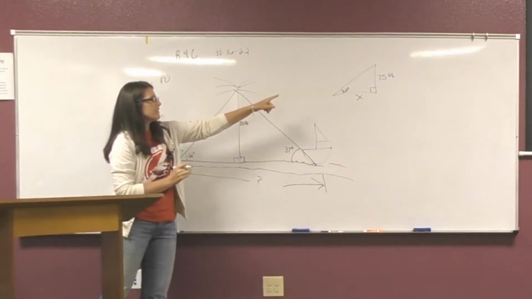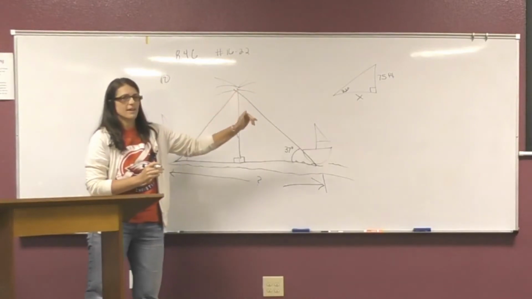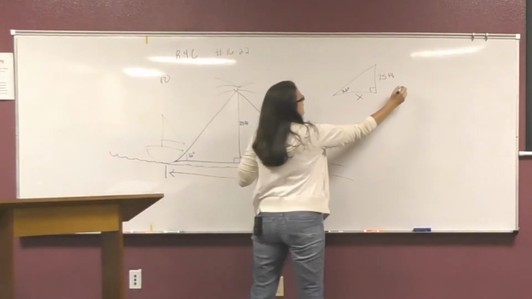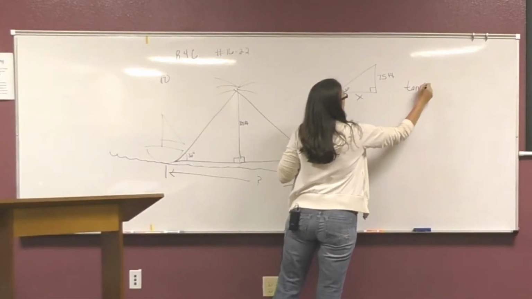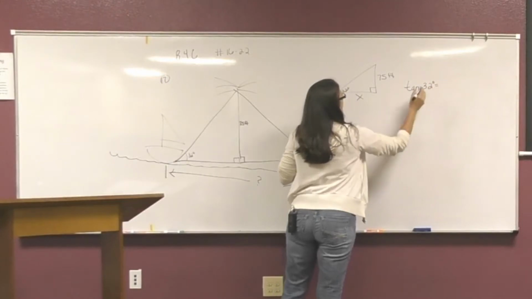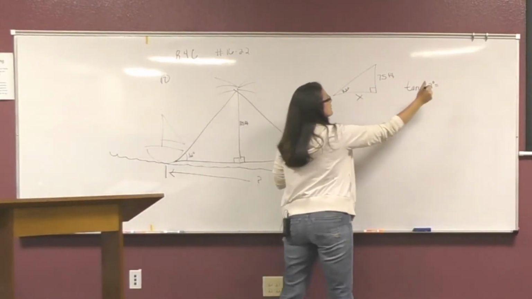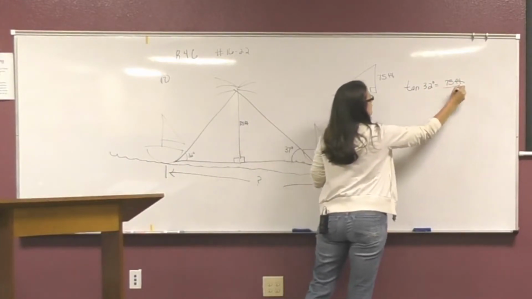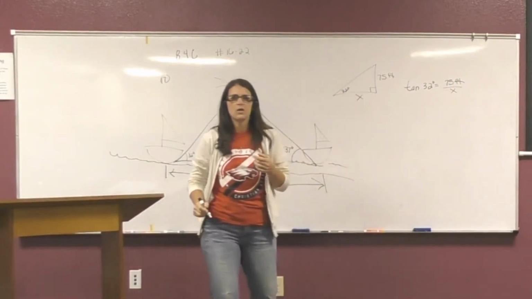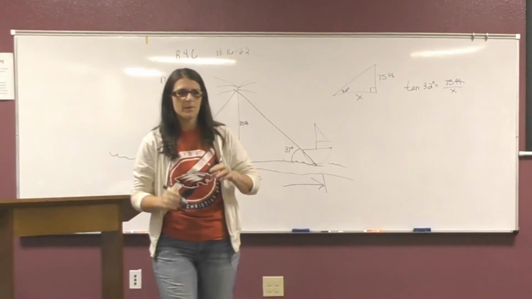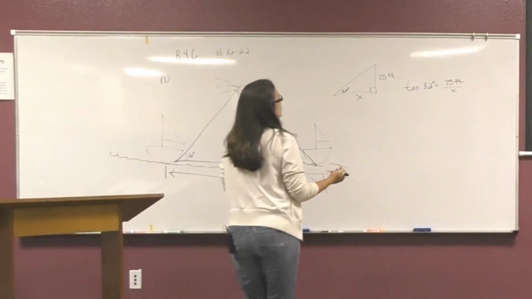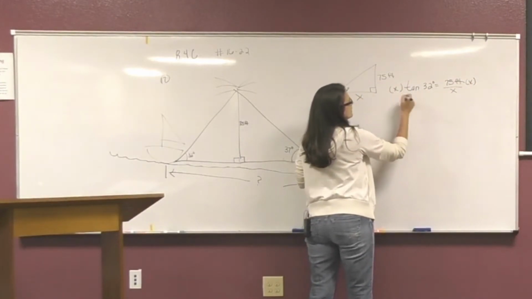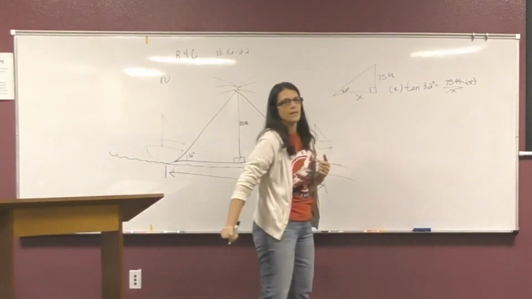So in relation to this angle, I have opposite and I have adjacent, so that tells me that I'm going to use tangent. So the tangent of a 32-degree angle equals opposite over adjacent. Okay, so it's always fun when your variable is down in the denominator. We got to get it out of the denominator. So we're going to multiply both sides by x to get him up in the numerator.